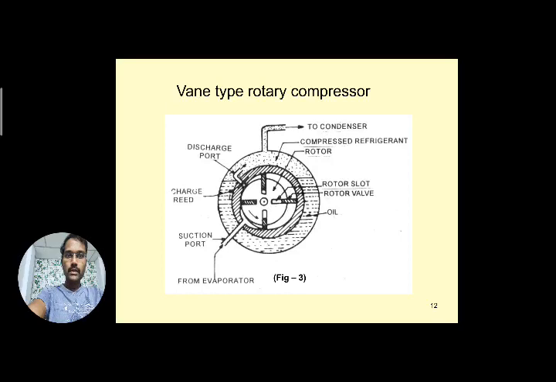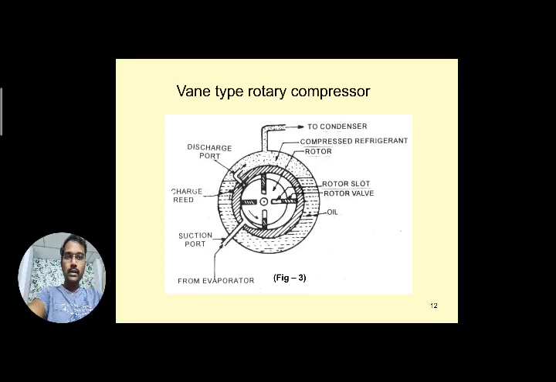You can see at the center, the rotor is connected to the shaft, which is placed at the center of the cylinder. To the rotor, you can see some rotor slots provided at four sides: 1 slot, 2 slot, 3 slot, and 4 slots. Four slots are provided, and the rotation is happening here.